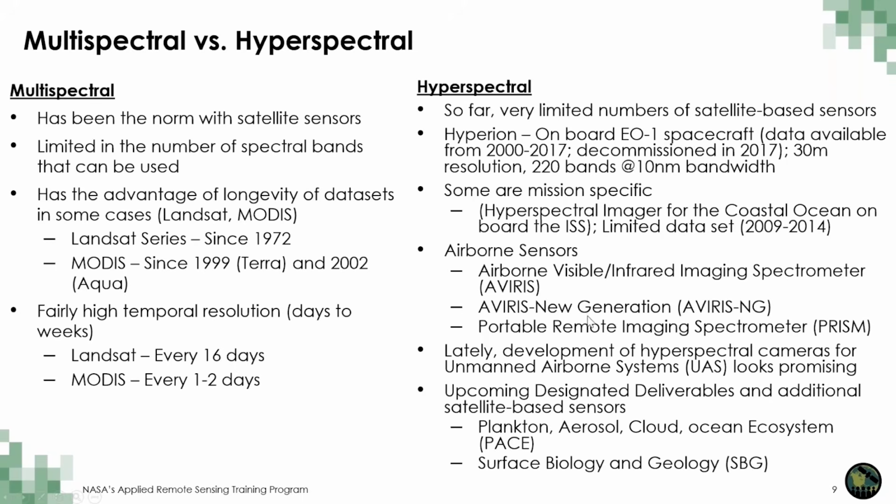Lately, there's also been the development of hyperspectral cameras, particularly for unmanned airborne systems or drones, that look promising, but there's still a lot of road to cover there, and it's still a work in progress.